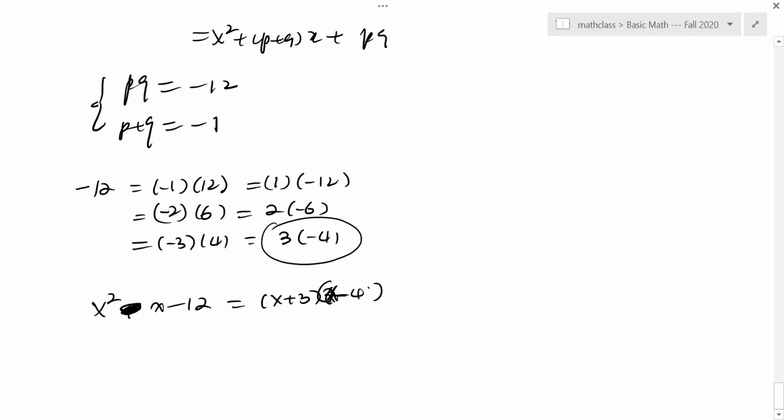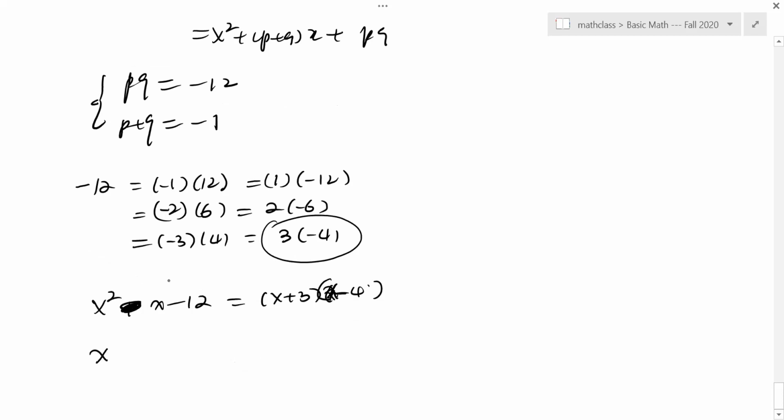I can also construct lots of examples, like the first one. I can get x squared minus 11x minus 12.